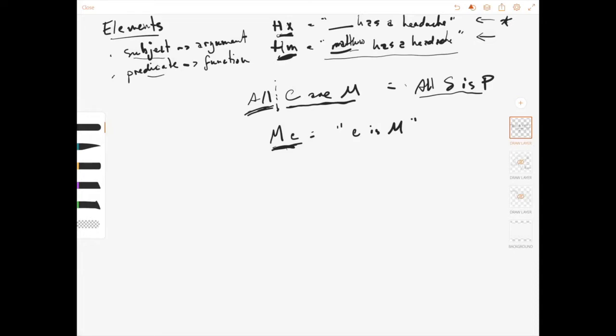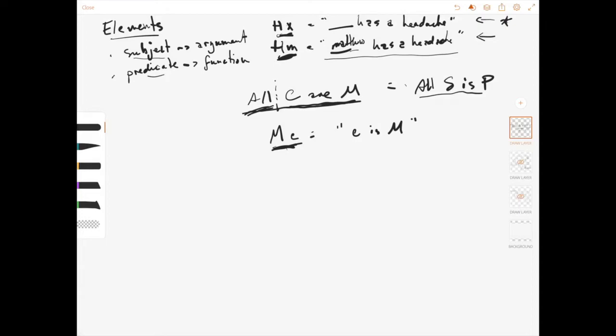Suppose we interpret the expression "all C is M," all cows are mammals, to mean this: for anything you can think of, if that thing is a cow, then that thing you're thinking of has to also be a mammal. Now, how would we think about that proposition if we thought about it like this?